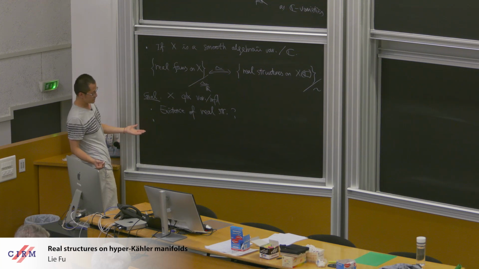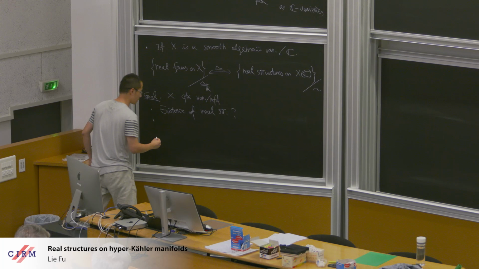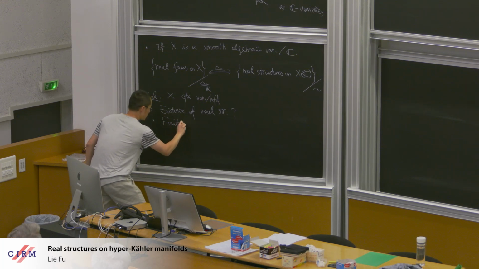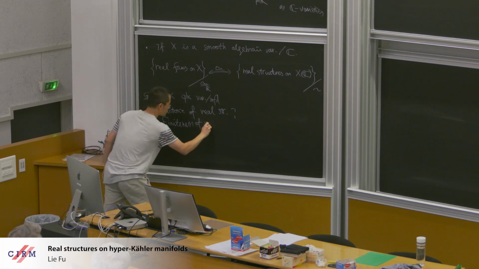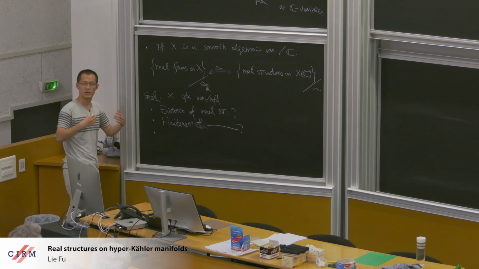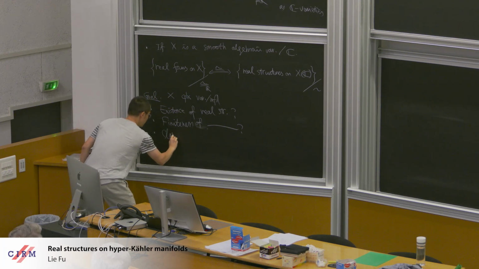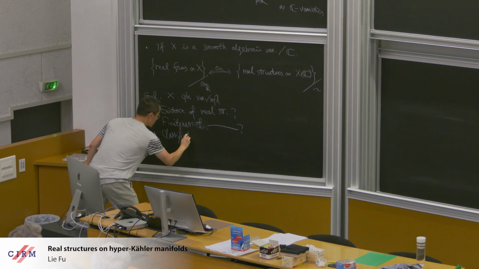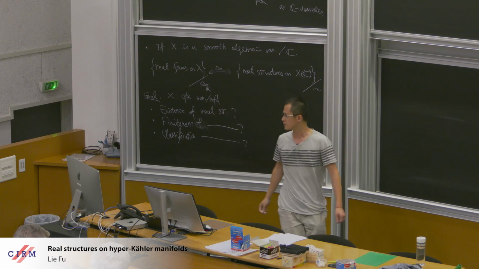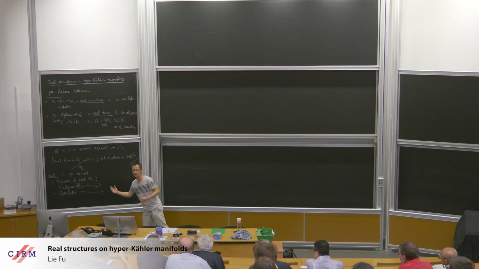And if there exists some real structure, are there only finitely many? That's the question of finiteness of real structures. And ultimately, we would like to classify all the real structures. All these are interesting questions, but of course we can ask many more, like deformation or things like that.